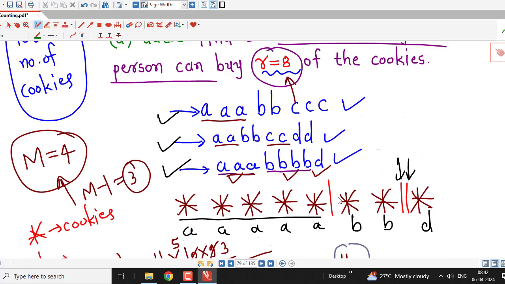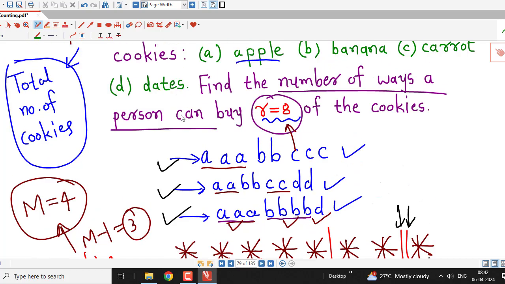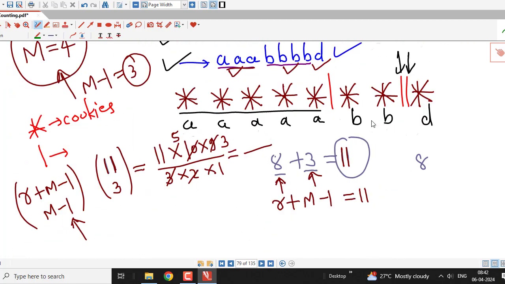Instead of selecting the position of bars, we can say that the position of stars can also be considered, because by changing the position of these 8 stars also we will get a different number of ways a person can buy different cookies.